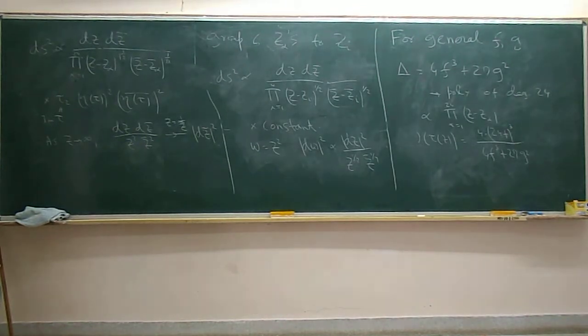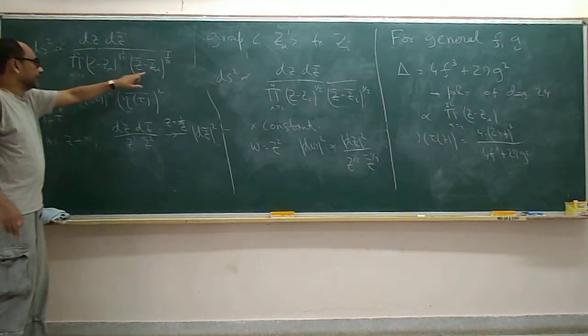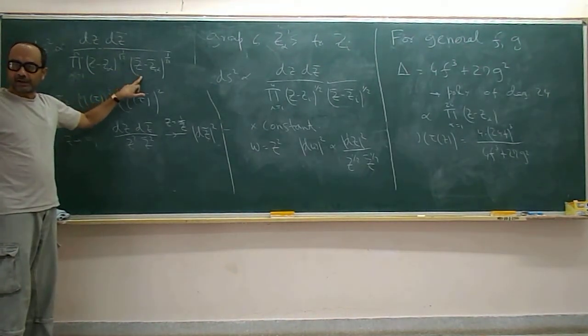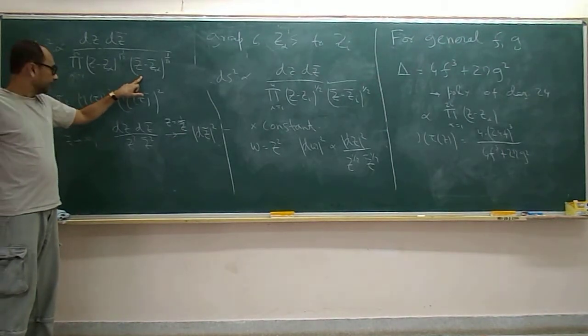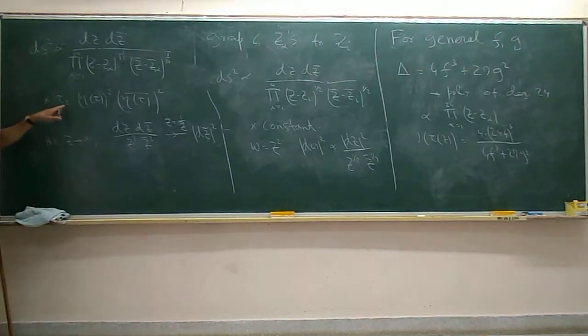In a general situation, the curvature will be distributed. First of all, it will be distributed at these 24 corners, 24 points. But also, tau 2 is not a holomorphic function. Tau 2 is the imaginary part of tau. Tau was a holomorphic function of z, but this is not a holomorphic function. So even in the bulk, there will be some curvature.